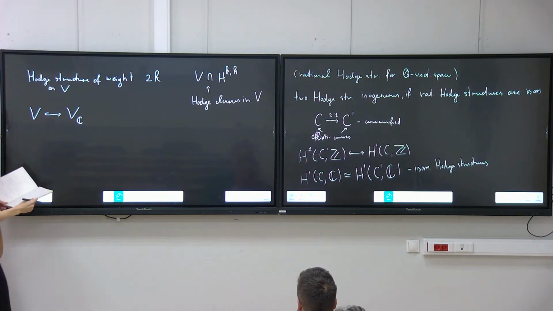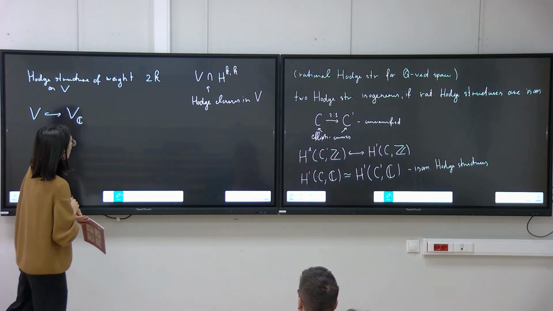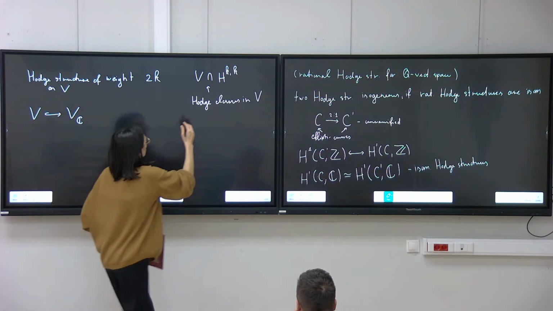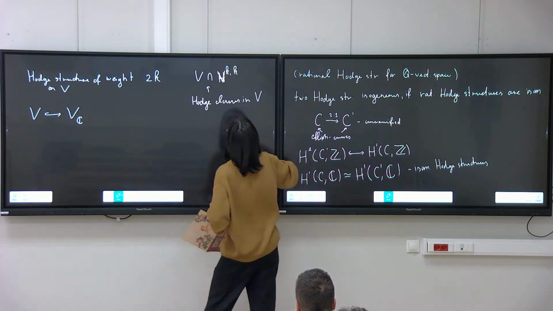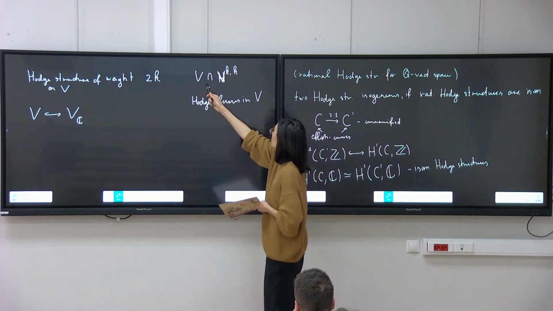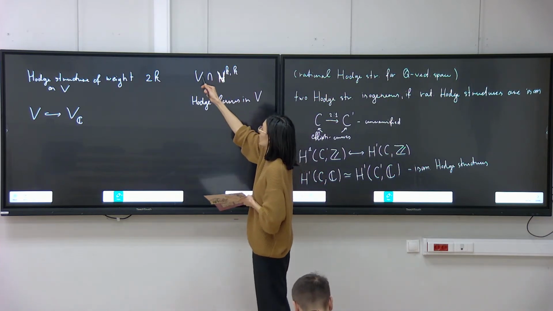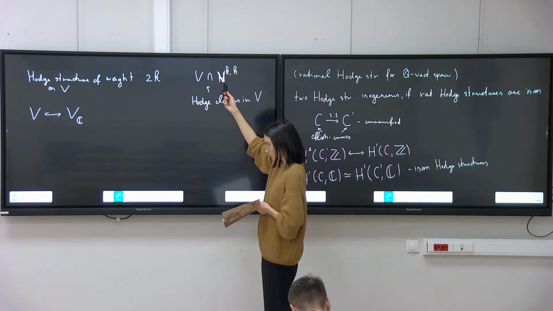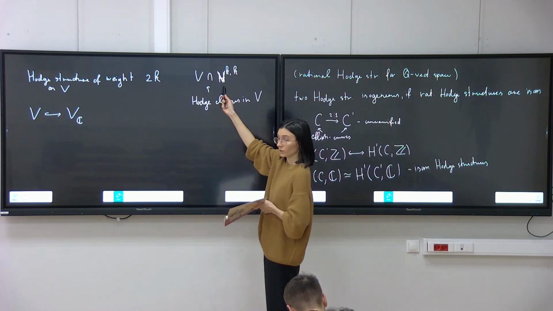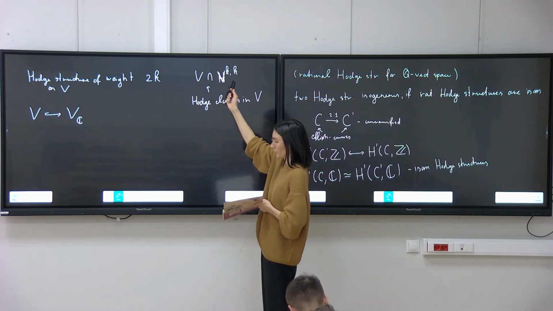Okay? Note that, for example, this thing can be empty. We saw this on the level of the Picard group, right?